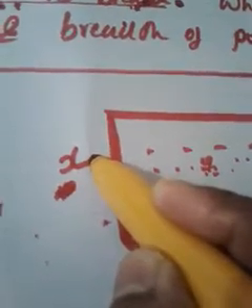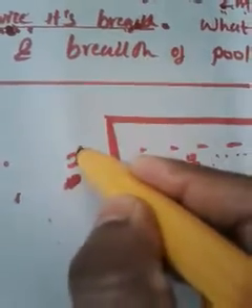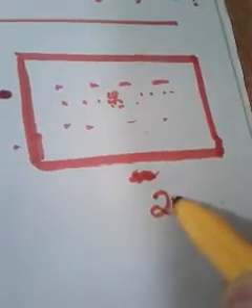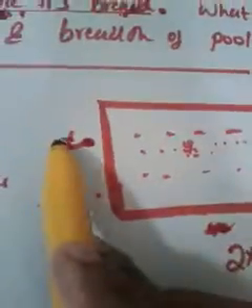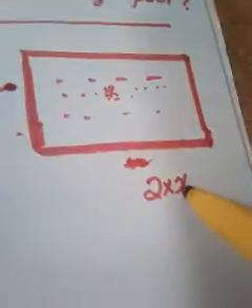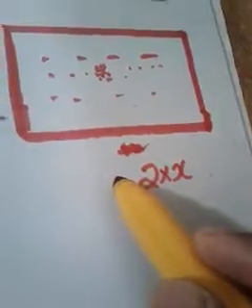If I am going to take it as x, what will be the length? Since breadth is x, in order to get the length, I have to take the double of the breadth first. What is the double of x? 2 into x. Double of x is nothing but 2 into x. Then what do I have to do? I have to add 2. Why?